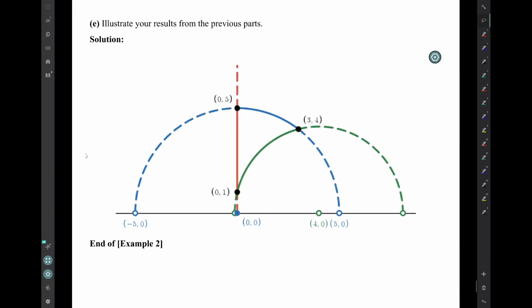Question E is to illustrate the results from the previous parts. Well, here are those same 3 points, but this time those are points of a Poincaré triangle. So the sides of the triangle are segments, Poincaré segments that are part of Poincaré lines. So I need to label those lines.